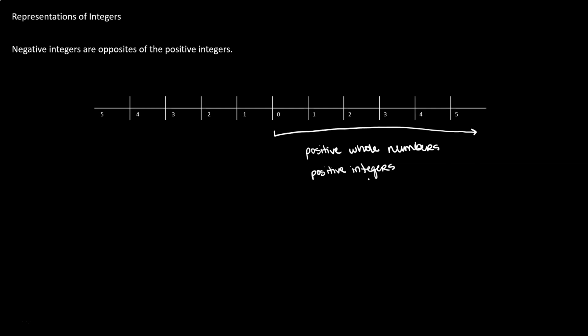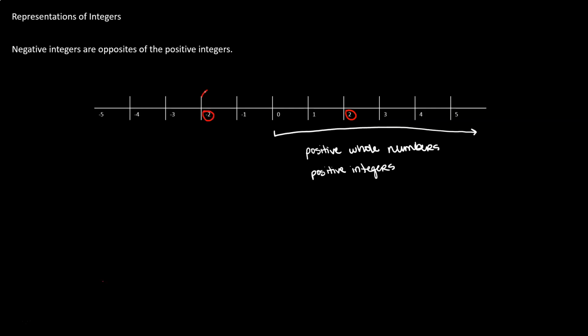The negative integers are the opposites of positive integers, meaning that it's almost like a mirror image where you can swap over to the other side of the number line. So 2, that is a positive integer. Negative 2 is the opposite of that.